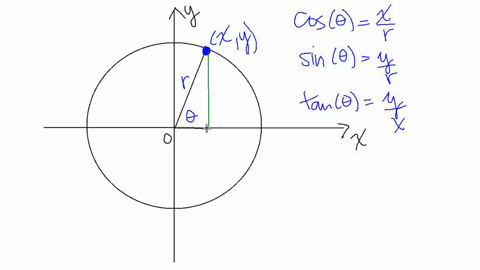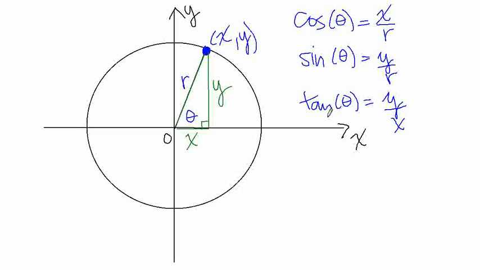So let me go ahead and do that now. Okay, in green. Now, if the coordinates of the blue point are x and y, I hope you would agree that the vertical leg has a length y and the horizontal leg has a length x, right?